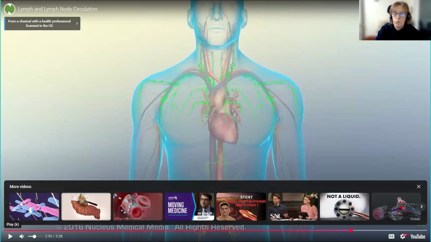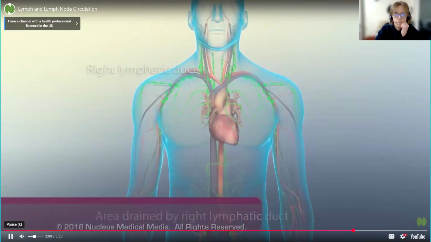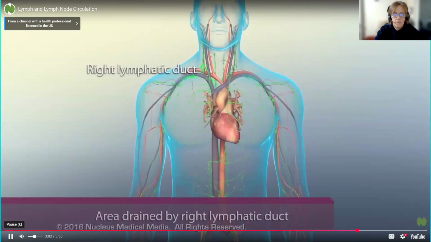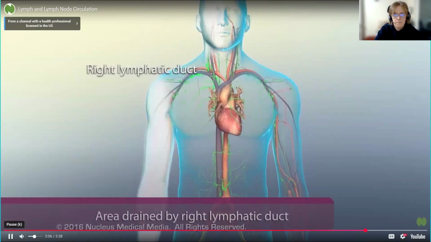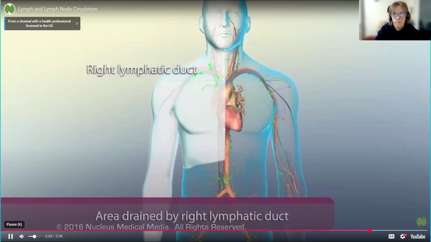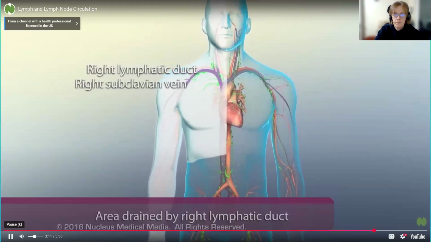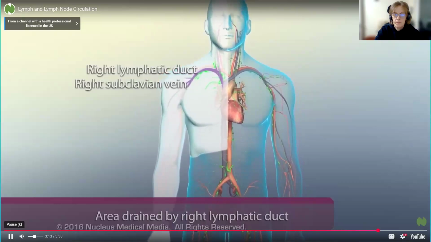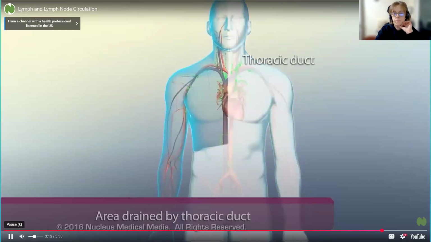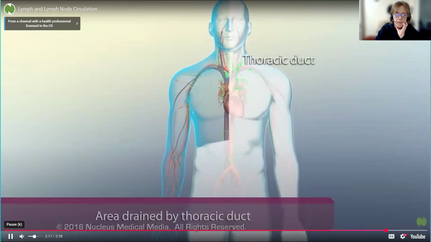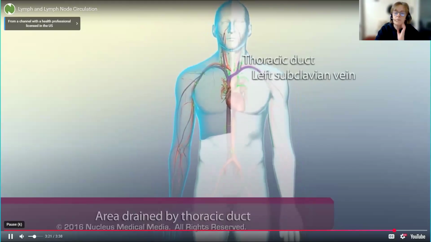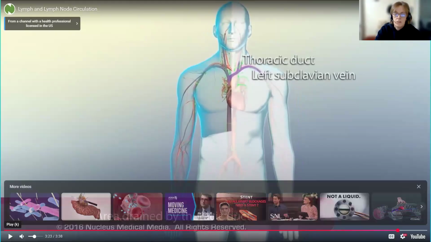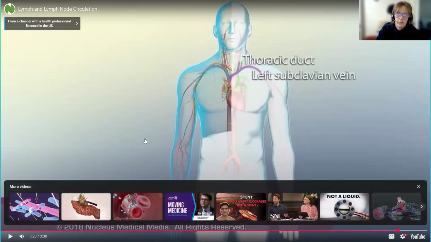And then they'll all collect from one region into one collecting duct. So those are just the two main regions that drain.